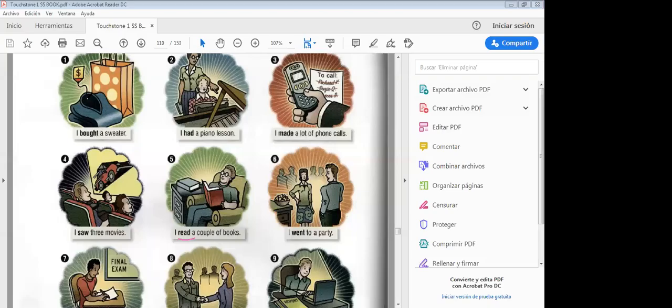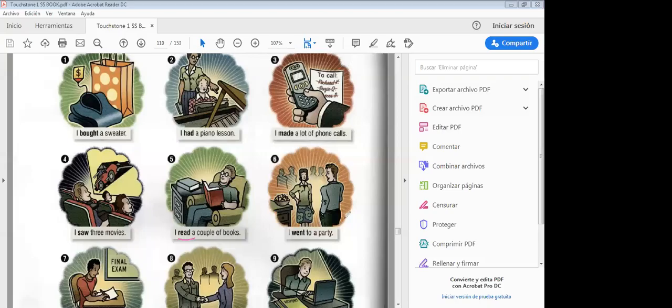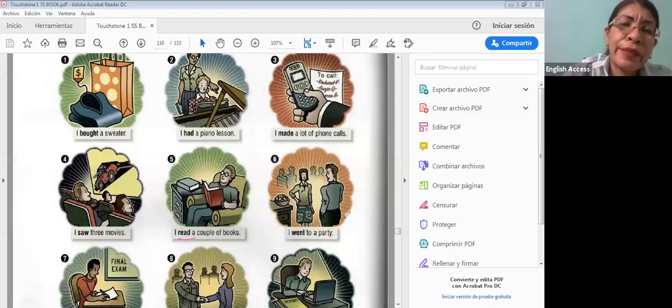Okay, so let's see. The first verb that we have here is bought. Bought is the past of, do you know what verb? Buy. Bought is the past of buy.